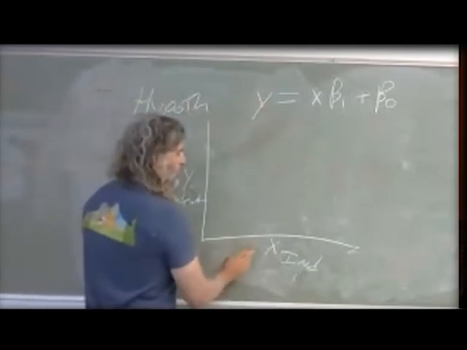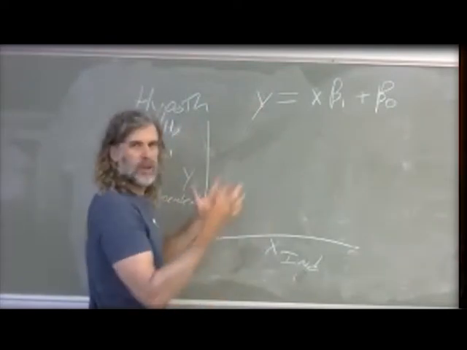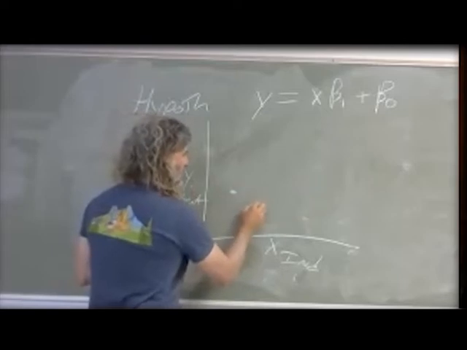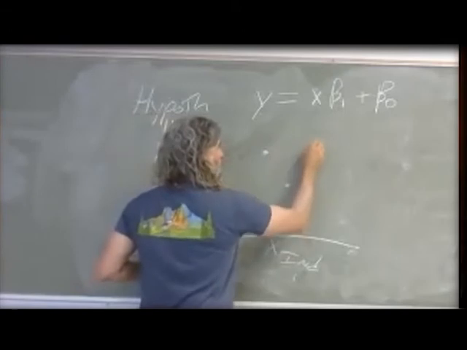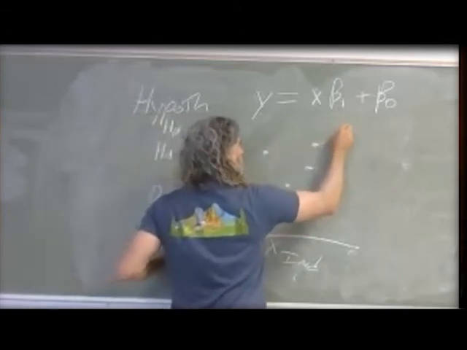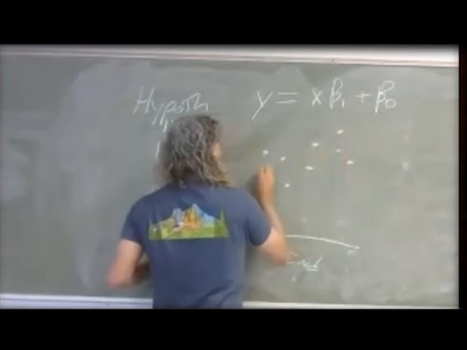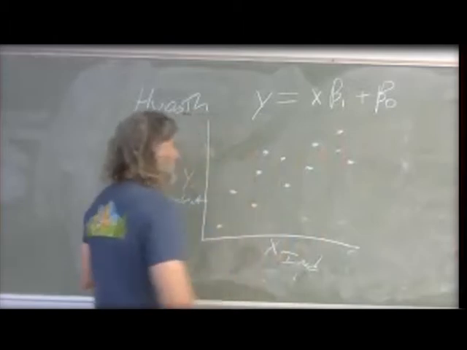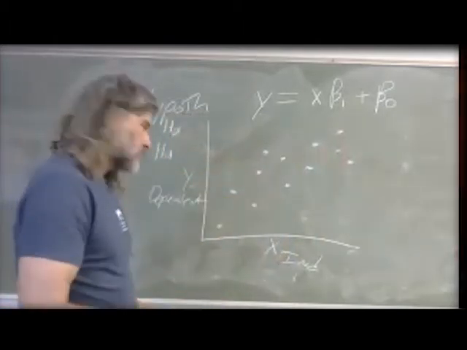Okay, so we want to assess this relationship here. And what we do, the first thing to do is just simply plot this data. So let's just plot some data. I'm just making up data here, of course. Let's just say I went out, I collected a bunch of data, and we can just plot it here in XY space.